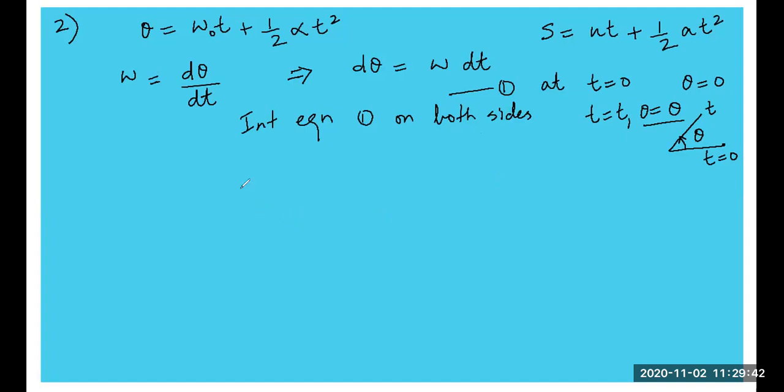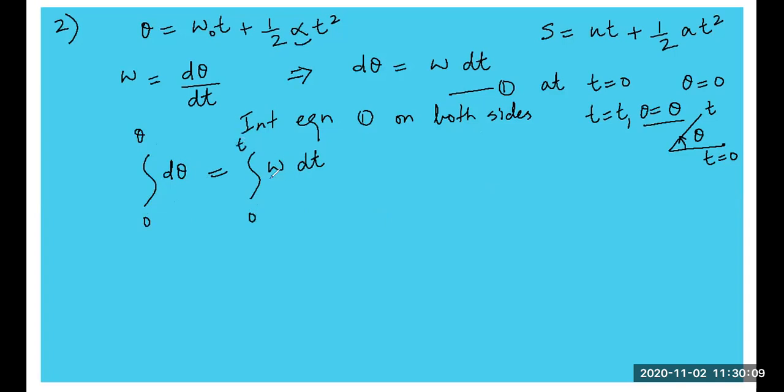So now I get integral d theta is equal to integral omega dt. You see, students, I have assumed the angular acceleration to be constant. Angular velocity is not constant. So remember that I cannot take it out. So here theta is 0 to theta and time is 0 to t.